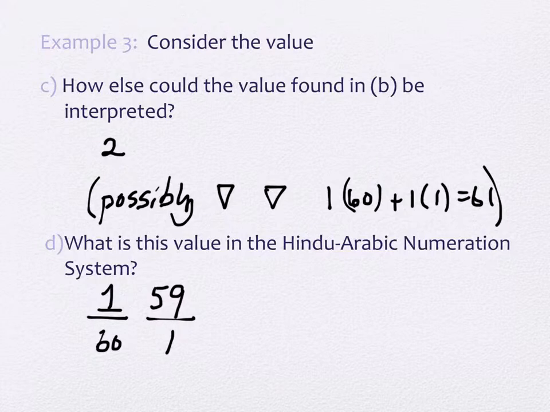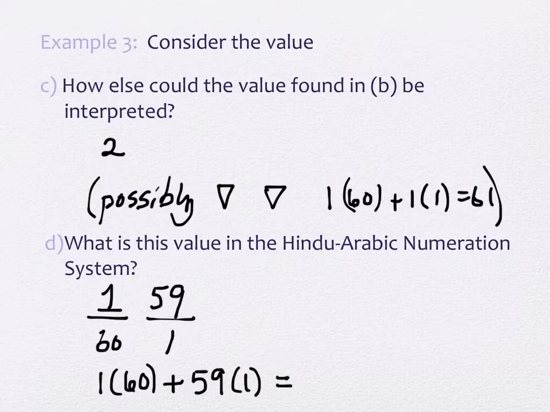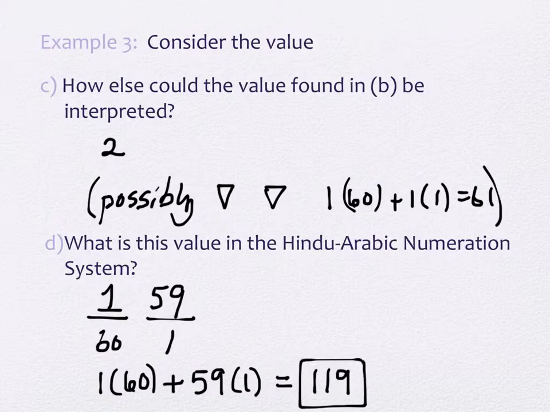Okay, so there's 1 60, so we can take 1 times 60, plus 59 ones, so 59 times 1. This would actually be the number what? 119. We're just adding, right? 60 times 1 plus 59 times 1. That gives me 119.